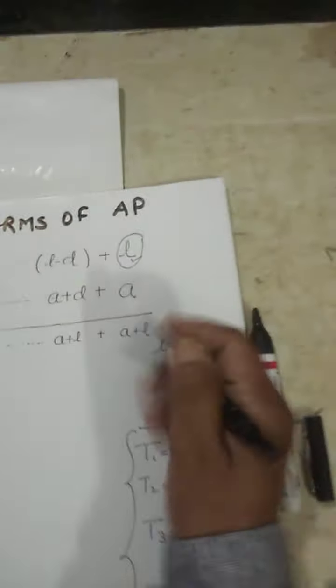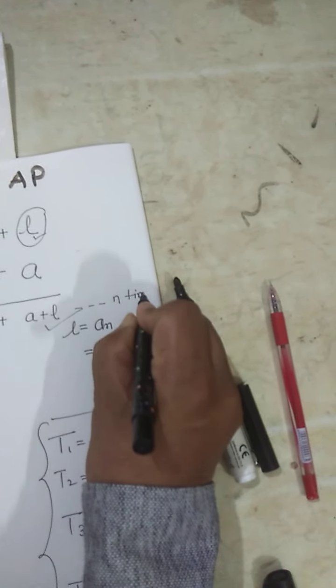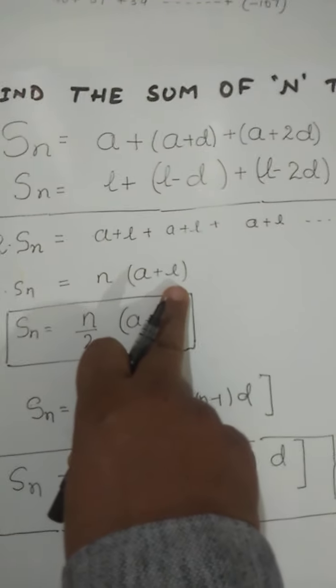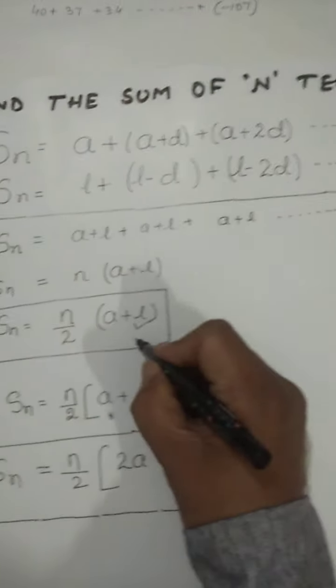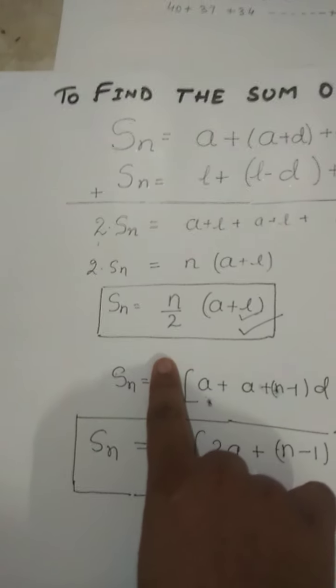So a plus l, how many times? n times. I am writing here n times, so you will not be confused when you watch the video. So n multiplied by a plus l. So 2Sn is equal to n times a plus l, so Sn is n by 2 times a plus l. How to use it?